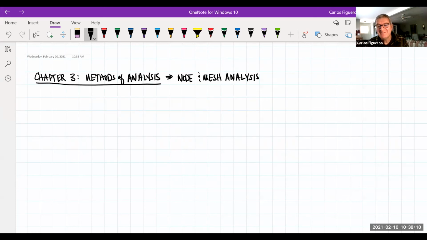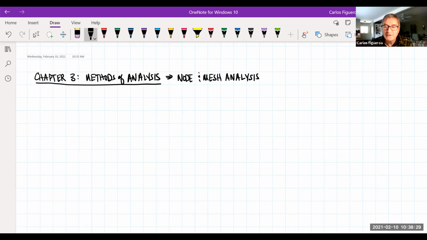Oh my gosh. You're going to love this chapter. Oh my gosh. And the reason why is that circuit solving now becomes easier. And it is so powerful.